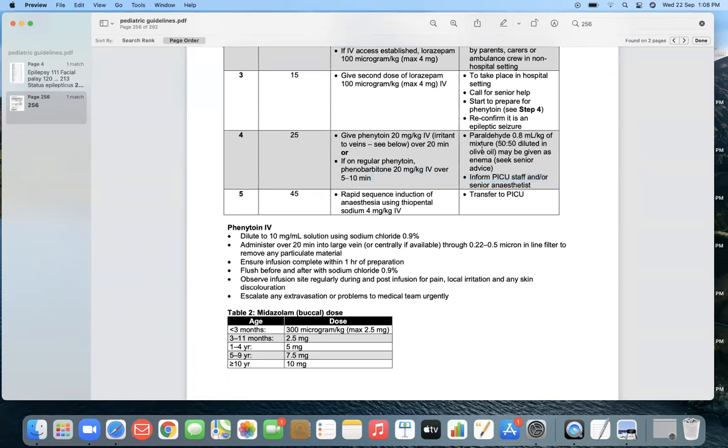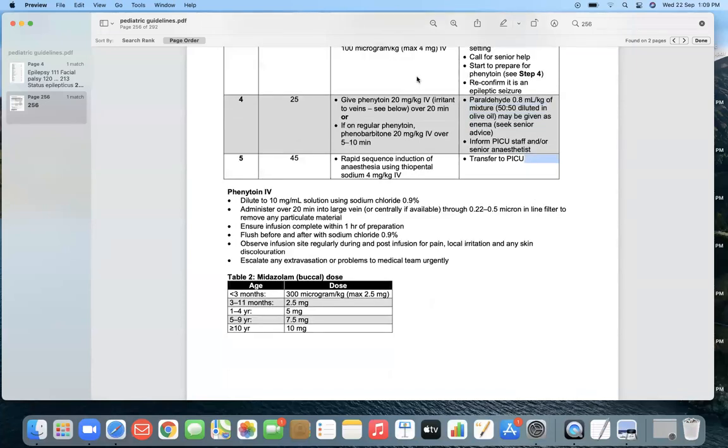Paraldehyde, here he has told about paraldehyde, 0.8 ml per kg of mixture, 50:50 diluted in olive oil, may be given as enema. But for this, don't treat it as a regular medication. For this, you will ask for senior advice, maybe if there is no available IV line or something, because this is through enema. I'm not sure how often and how commonly they use it.